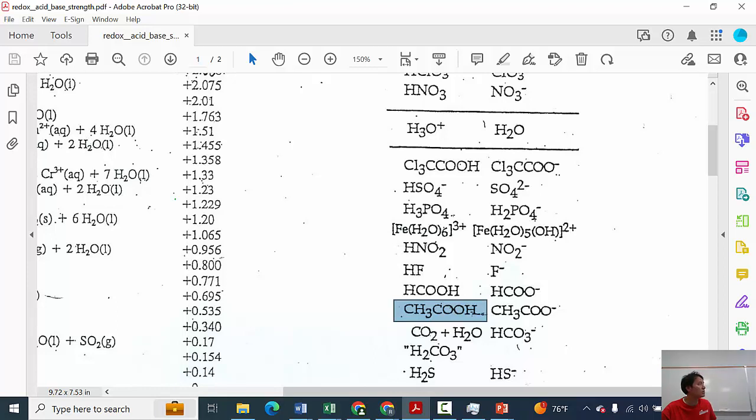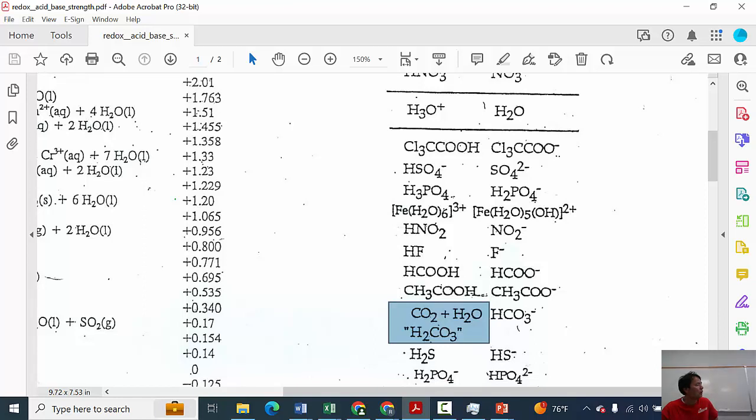And then we have carbonic acid. Do you see carbonic acid has quotation marks? That's because it's very unstable and decomposes into CO2 and H2O. And so carbonic acid is CO2 and H2O. There are two names for this, H2S. One name is hydrogen sulfide. It's the rotten egg smelling gas. How would you name H2S as an acid, though?